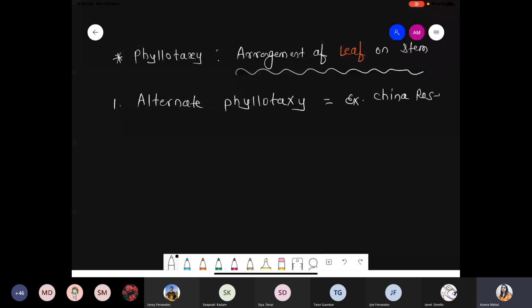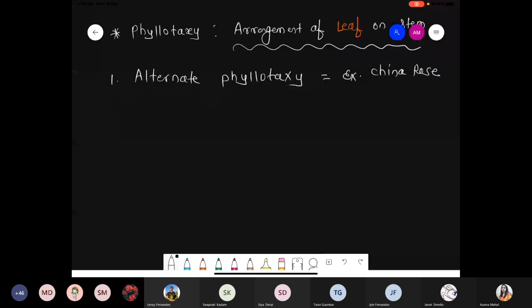So what is the meaning of alternate? Suppose this is part of the stem, and on this stem leaves get arranged. Here one is present, one leaf present toward the right, another leaf toward the left, the third one present again on the right, and another on the left.